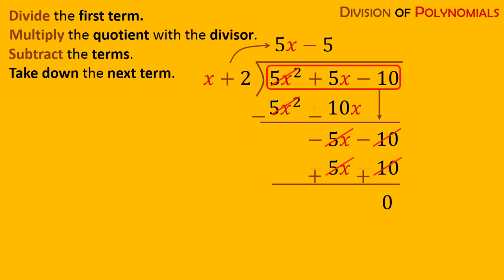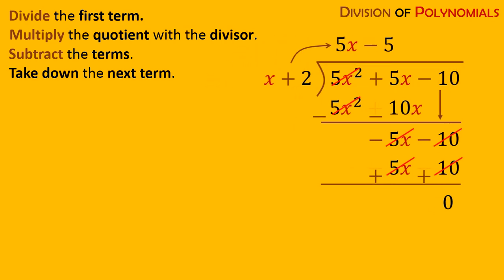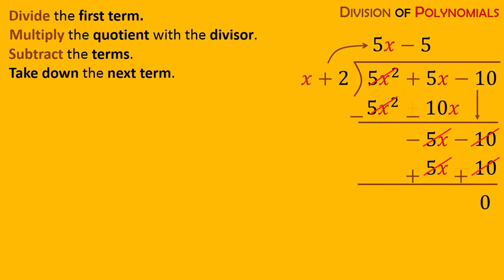Does it make sense? Yes, it should make sense, because we have divided and got the answer. So when we re-multiply them, we should again have the answer we started with. Okay, so now check. We are checking whether our division is right. We are multiplying the quotient and the complete divisor.